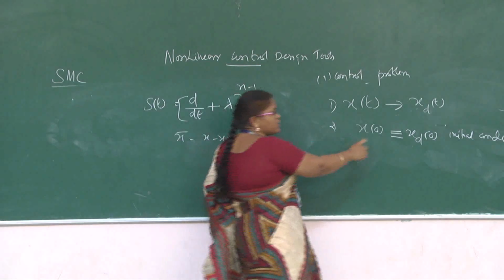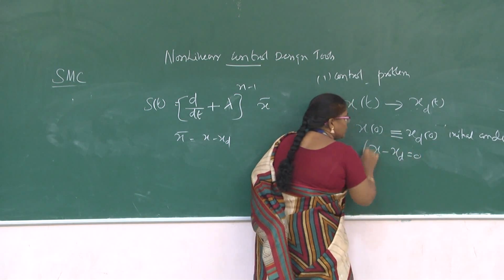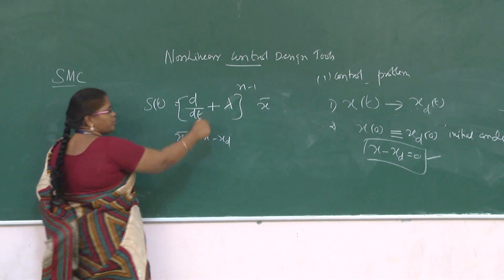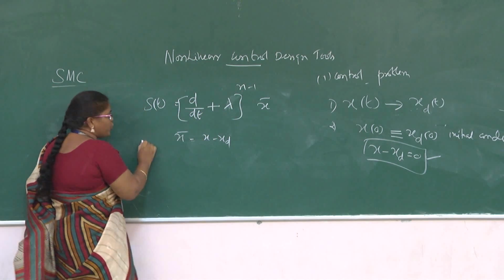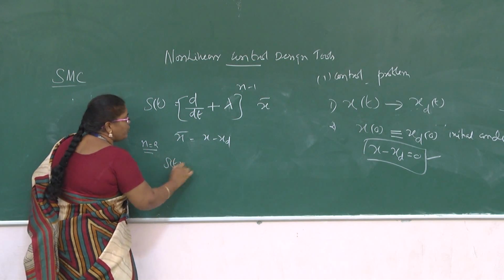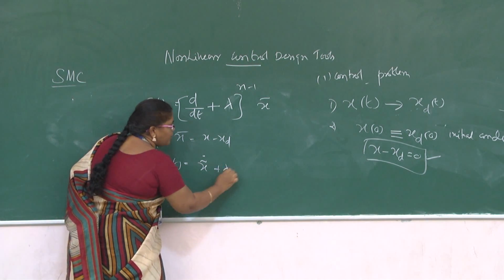Actually, from this we can say that instead of this we can have x equal to xd also, which we can prove. For example, if n is 2, that is a second order system, your s of t would be x bar dot plus lambda into x bar.